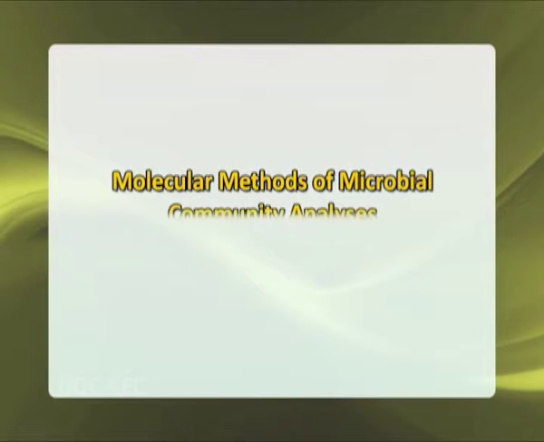These have been replaced in recent times largely by DNA sequencing, which produces the exact sequences of nucleotides or bases in either DNA or RNA segments extracted using different techniques. Now, dear students, let's try to know in detail about different molecular methods of microbial community analysis.